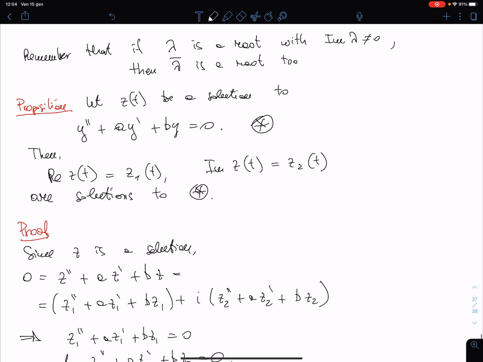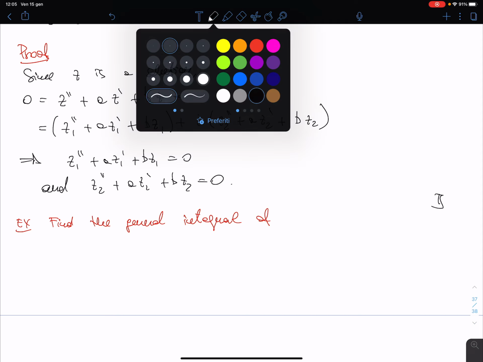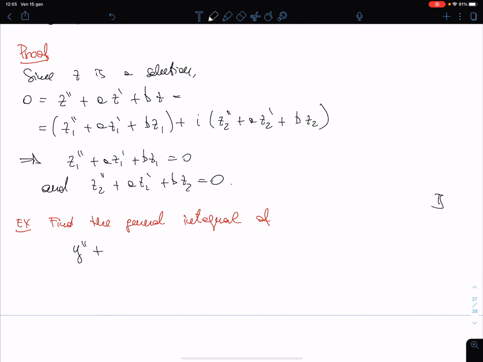Now, as an example of applying this, consider the following exercise: find the general integral of the equation y second plus 2y prime plus 3y is equal to 0.